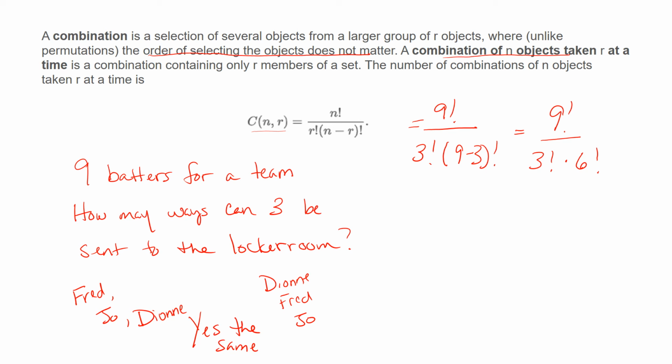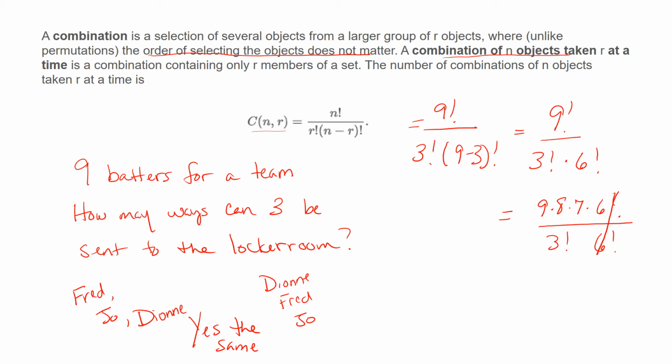Now I can put this in a calculator, or I could go ahead and say, well, that's 9 times 8 times 7 times 6 factorial, instead of writing it all the way down to 1, divided by 3 factorial times 6 factorial. Those will cancel.